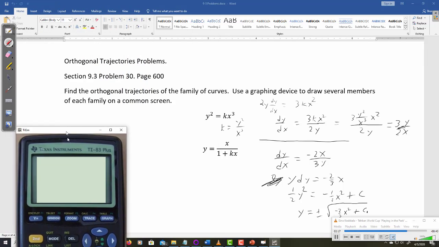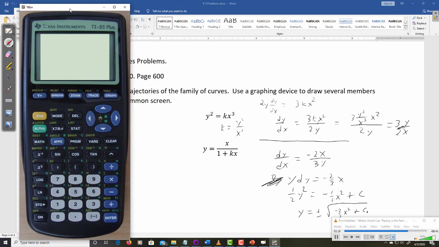It wants us to plot several members of each family on the same screen. So let's see here. We've got y equals, well, let's see, it'd be the square root of, let's just call it 1 for now, x cubed. Negative, the same thing.